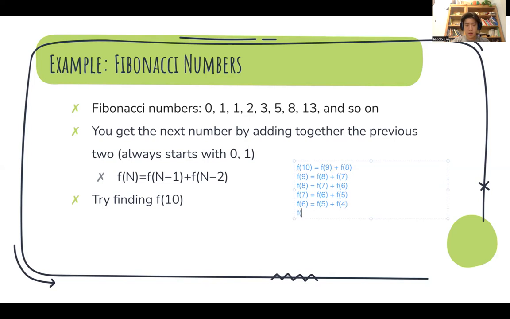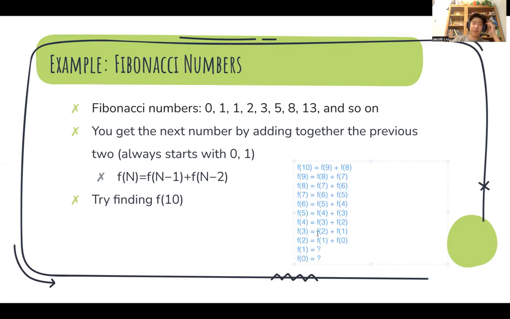It's going to take a while. f of 5 is equal to f of 4 plus f of 3. f of 4 is equal to f of 3 plus f of 2. f of 3 is equal to f of 2 plus f of 1. f of 2 is equal to f of 1 plus f of 0. f of 1 equals 1, f of 0 equals 0.